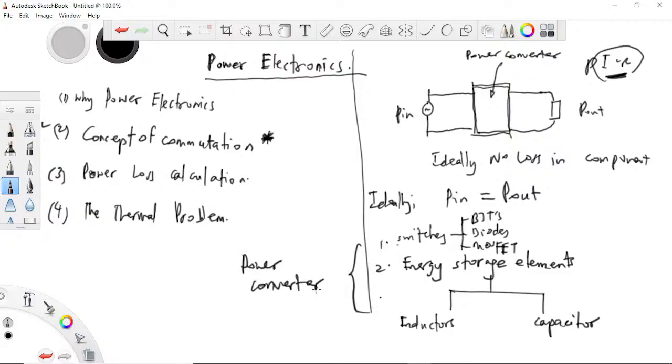Now here's what power electronics is basically about. We know that power electronics is at the heart of renewables. The advancement in inverters, DC to DC converters, all these devices are power electronic devices.